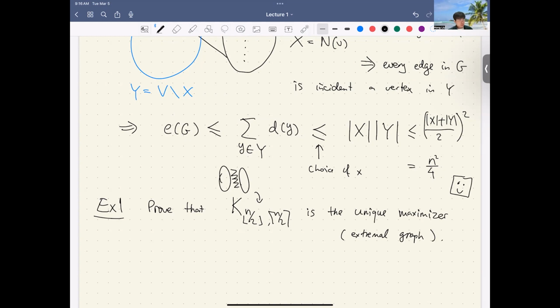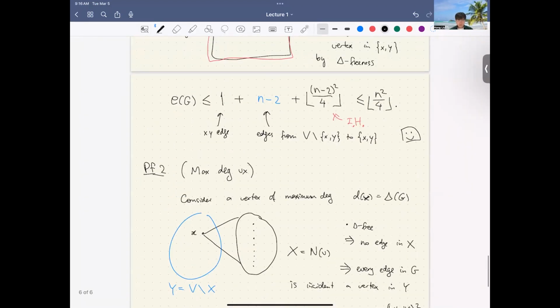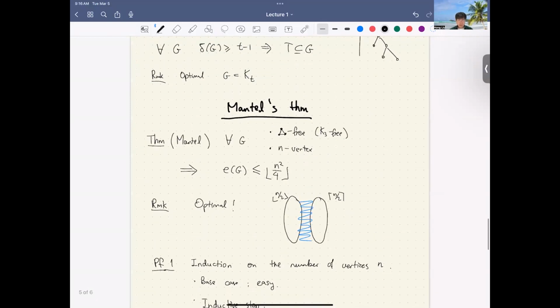Good. All right. If there's no question, we're going to move on to something slightly different. So we've seen graphs. We've also seen this first result in extremal graph theory, extremal flavor, Mantel's theorem. Now let's review different discrete structures that we'll be studying a lot throughout this course.